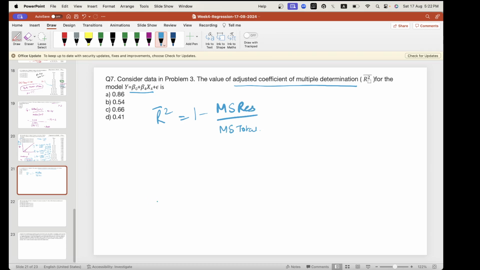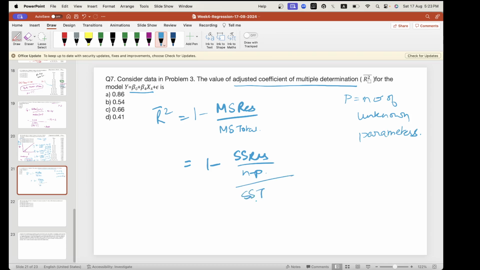That is 1 minus SS residual by n minus p, where p is the number of unknown parameters, divided by SST by n minus 1.